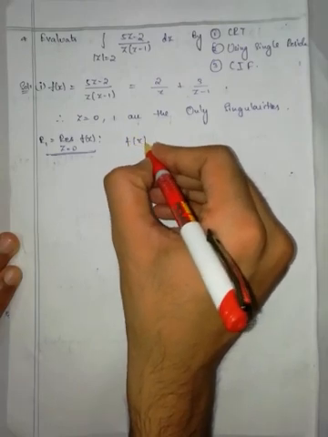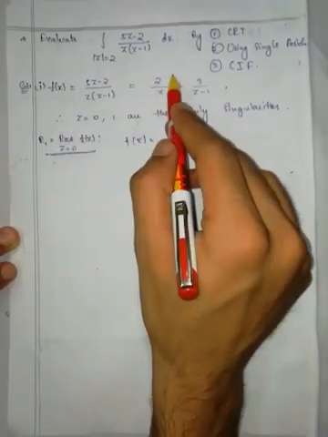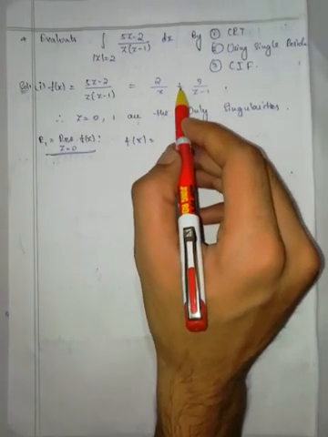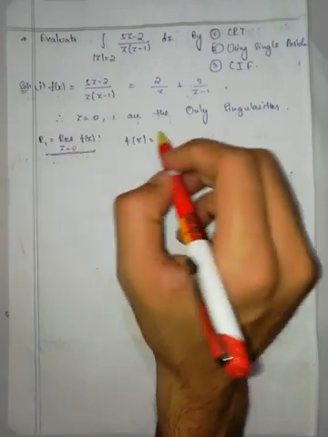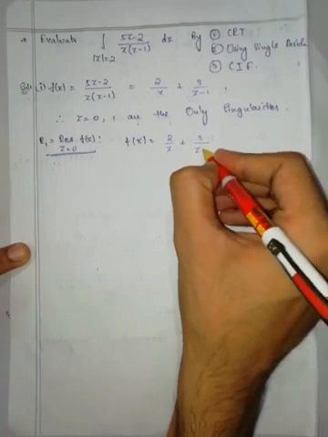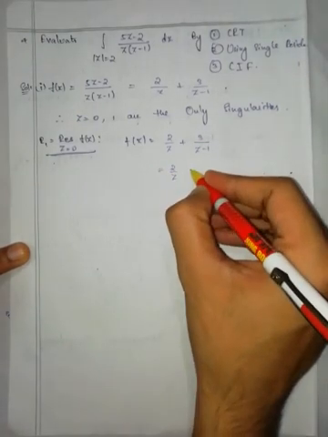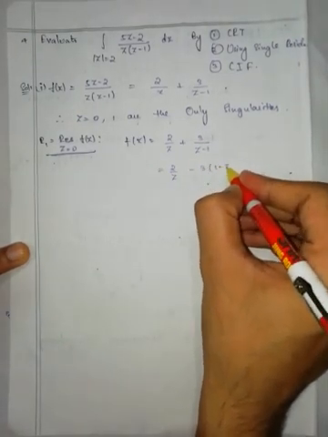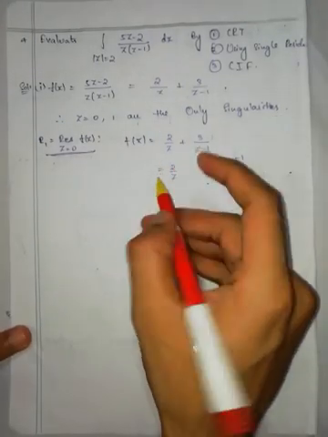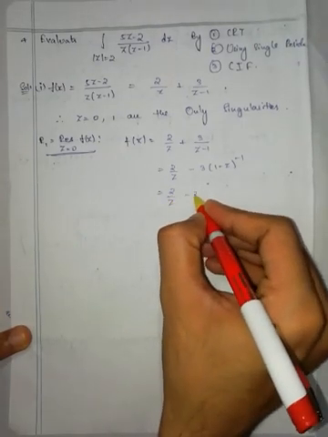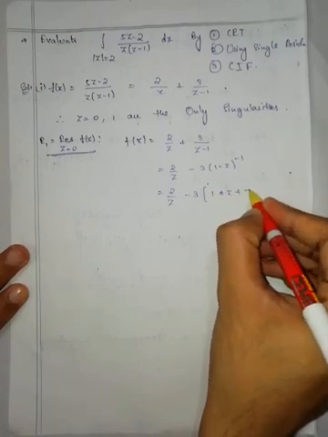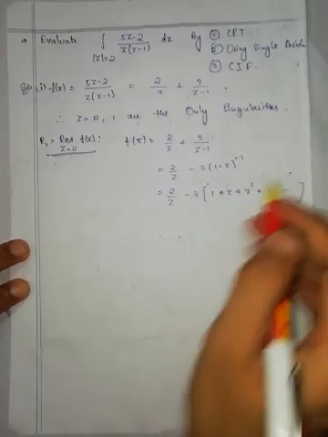Now represent f(z) in terms of powers of z around z = 0 and find the residue. That is 2/z + 3/(z - 1) = 2/z - 3(1 - z)^-1. Expanding this, we get 2/z - 3(1 + z + z^2 + ...). What is the principal part?